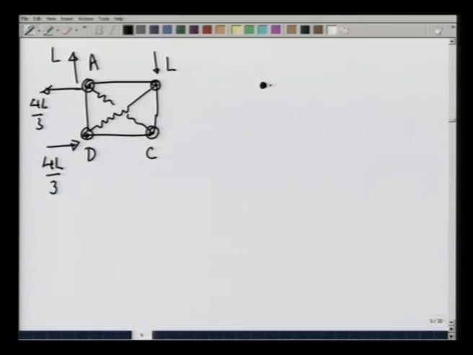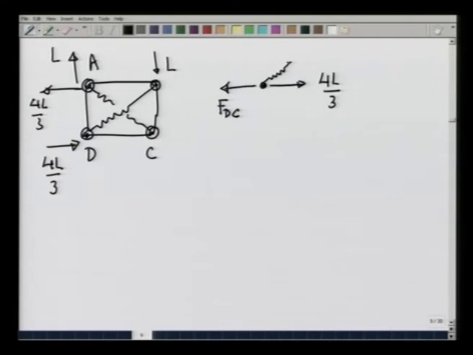Now, we are really using the method of joints. Each joint we are going to bring into equilibrium by the applied forces. At point D, there is a force in the horizontal direction, 4 L by 3. There is a force, and I am anticipating that the force by rod DC is going to be towards the left, F DC. There is a force by the rope.